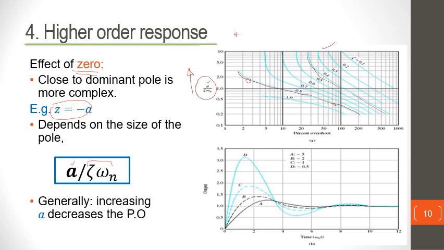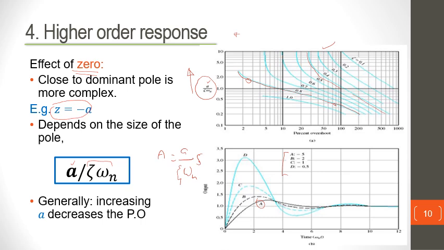Another illustration here is that these values A, B, C, D are the values of A divided by the damping factor times the natural frequency. You will see that when this is equal to 5, when this is much larger, the peak overshoot becomes small.